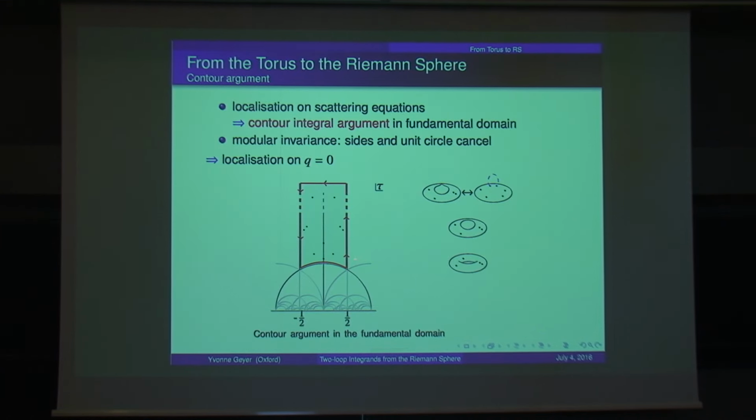And for this integral, so these are the solutions to this, we can now apply contour deformation. So instead of integrating around all of these, we can swap the contour around, integrate around the boundary of the fundamental domain. Now, since everything is modular invariant, sides cancel, the contributions from the unit circle cancel, we're just localizing when tau equals i infinity.